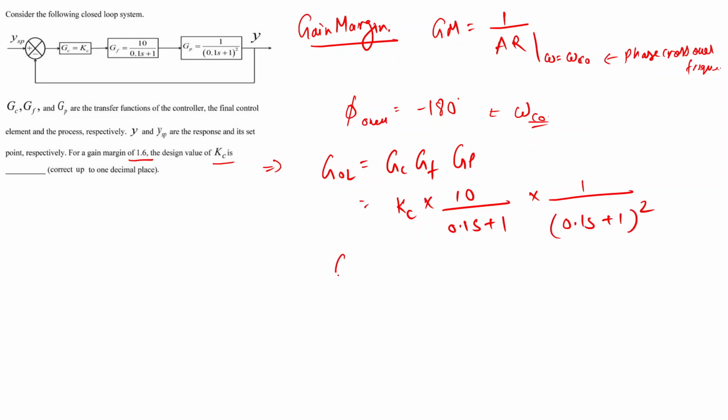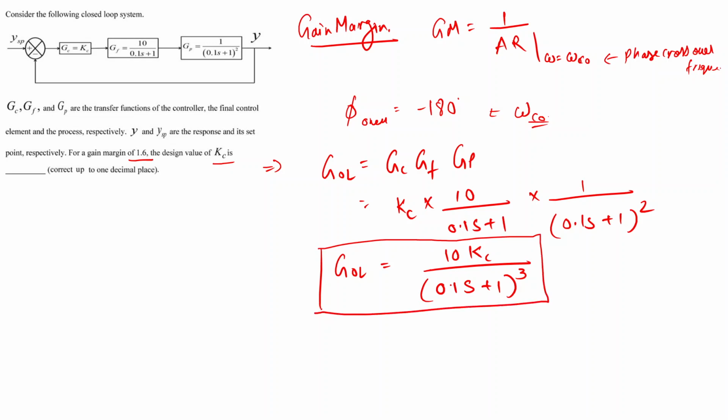We can simplify the open loop transfer function as 10 Kc upon 0.1 S plus 1 whole cube. Now, given this open loop transfer function, we have to find the phase lag, phi, and equate it to minus 180 degrees to find this crossover frequency.